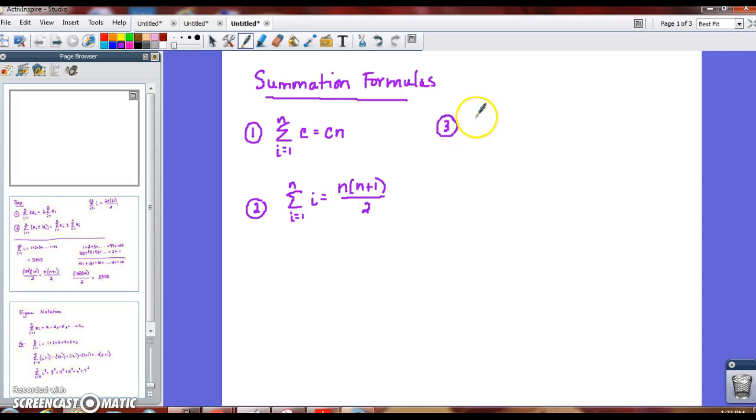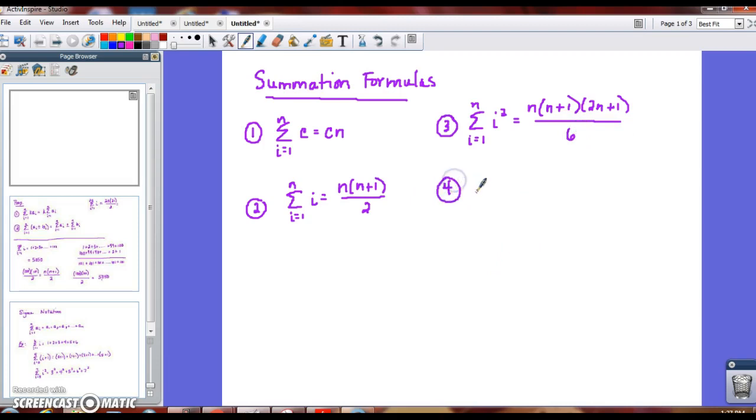The third one is the summation I equals 1 to n of I squared, and that formula is n times n plus 1 times 2n plus 1 over 6.